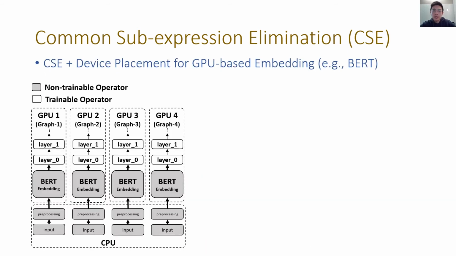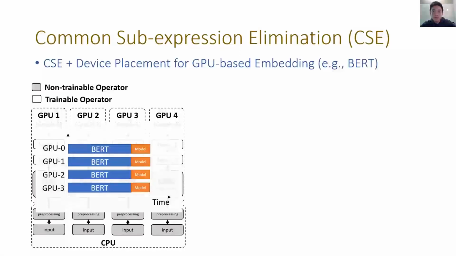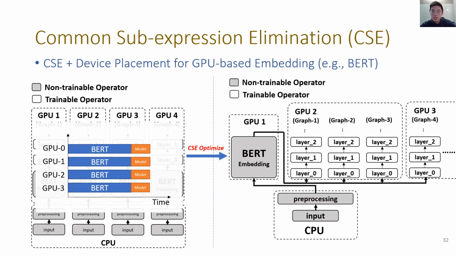We can also optimize the duplication of GPU-based operations. This example shows 4 models that use the same input and preprocessing on CPU and the BERT embedding on the GPU side. BERT is a very large model that occupies the most GPU memory and the most time of the forward phase. In the CSE optimized model, we dedicate 1 GPU for BERT so that we can spare more GPU memory on other GPUs to pack more models.